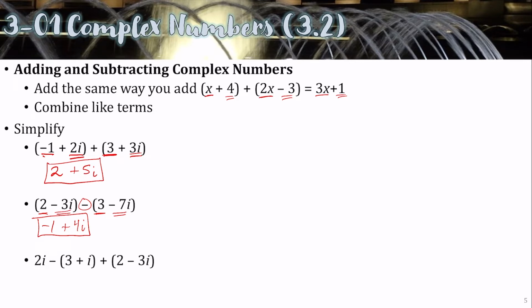Try one more. Usually you put the numbers first and the i's at the end, so we have a -3 plus 2. It's -1. And then for the i's, I have 2i minus i is 1i plus -3i would be -2i.